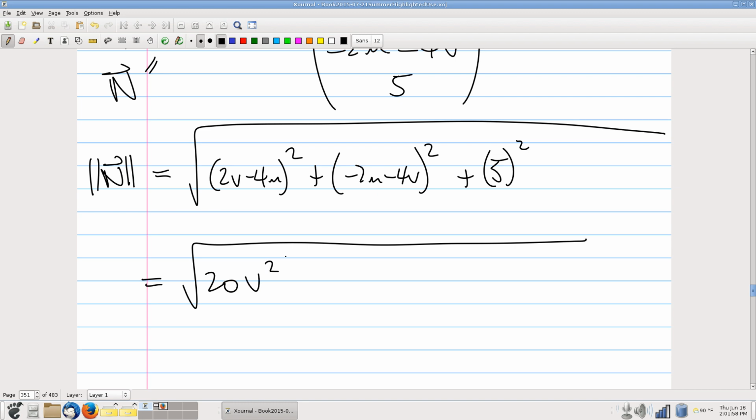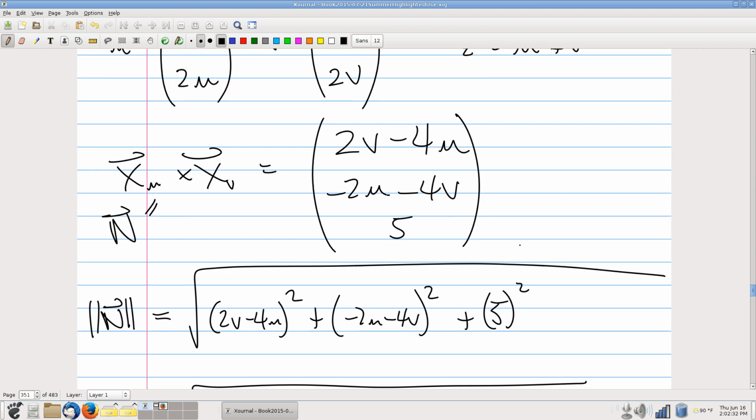Likewise, I'm going to have 16u squared and another 4u squared, so 20u squared. Now, the cross terms: here the cross term is minus 16uv, and here the cross term is plus 16uv, so those cross terms cancel. Is that cool? Okay. And then this is plus 25. So there's our magnitude.